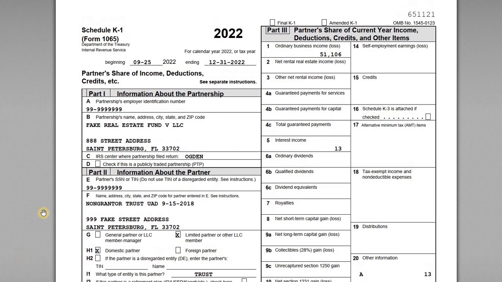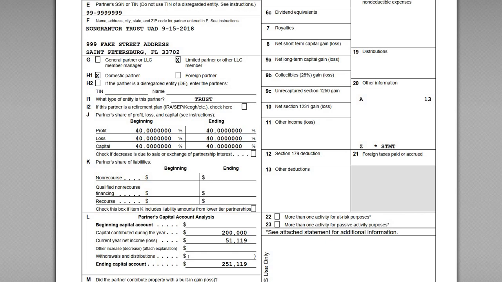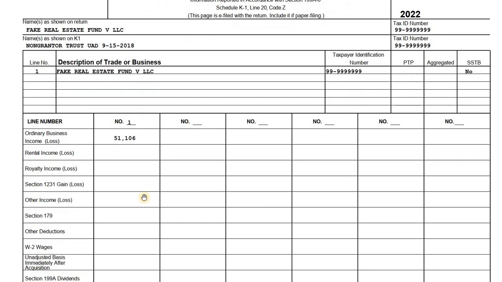Now, as far as QBI issues, right, so QBI is section 199A, qualified business income. With real estate dealer funds, it is a qualified business, right? So we do have line 1, ordinary trade or business income. It's effectively connected income. And so we are reporting it as qualified business income for the investors.